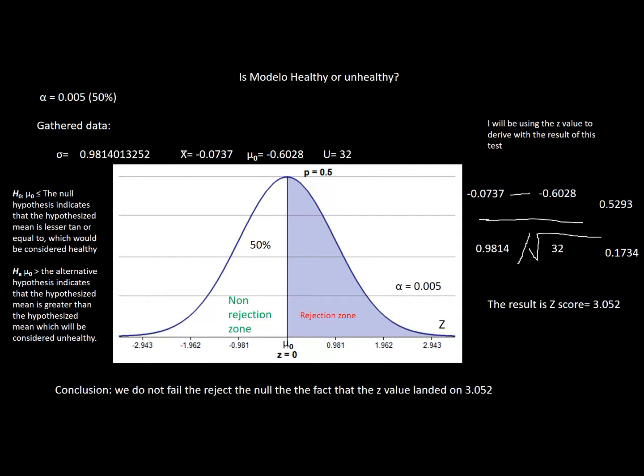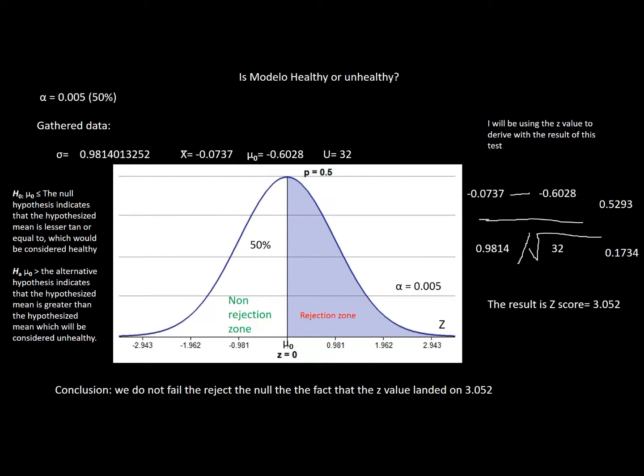That's the z score value, which the formula is basically sample mean minus the hypothesized mean, mu sub zero. Then you use sigma divided by the square root of the units, which will be 32.